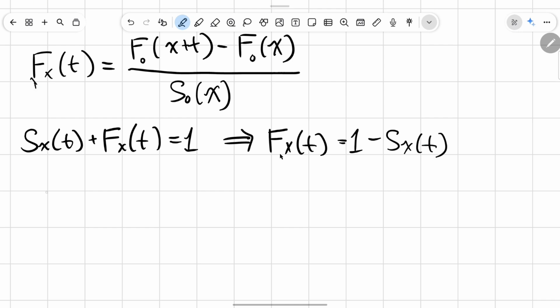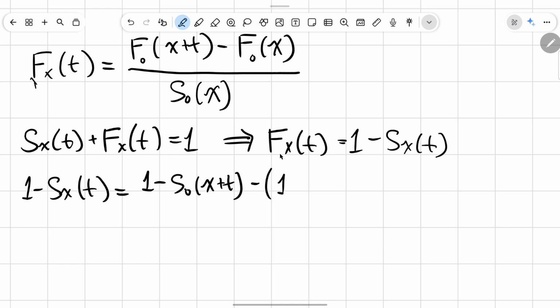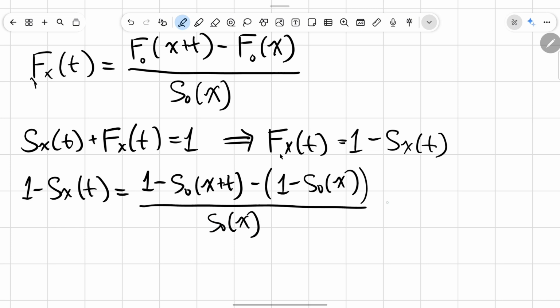So Fx of t will just be 1 minus Sx of t, which is equal to F0 of x plus t, which is 1 minus S0 of x plus t, minus 1 minus S0 of x, all over S0 of x.